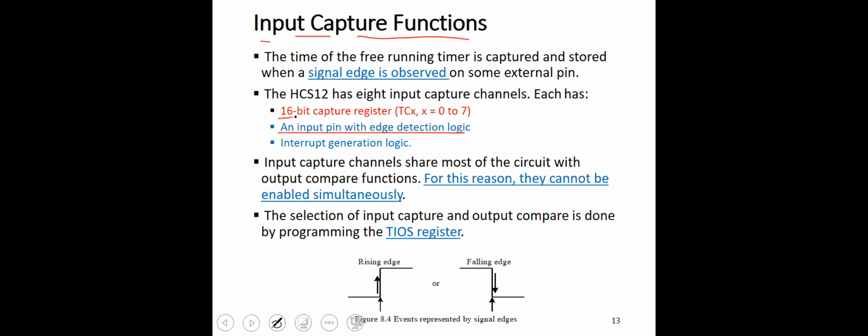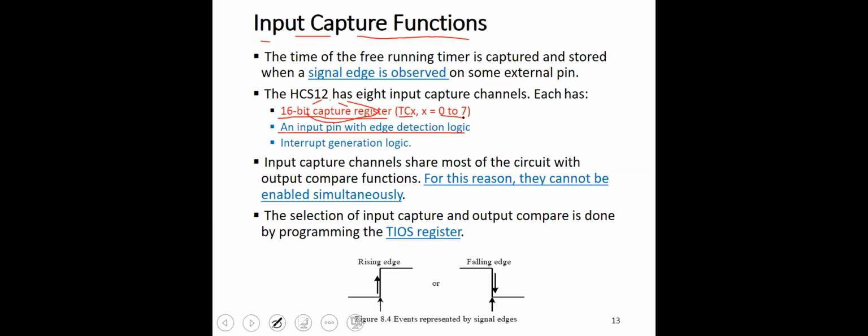So we need a place to store the recorded value. There is a 16-bit capture register, which is used to store the captured time at which the event occurred. So there are capture registers that come with the input capture functions. If you remember the block diagram, we have 8 input capture functions. So we have 8 capture registers, TC registers from 0 to 7.